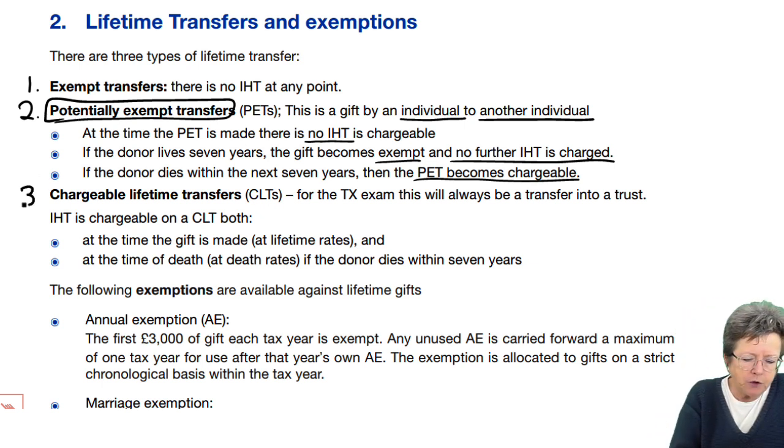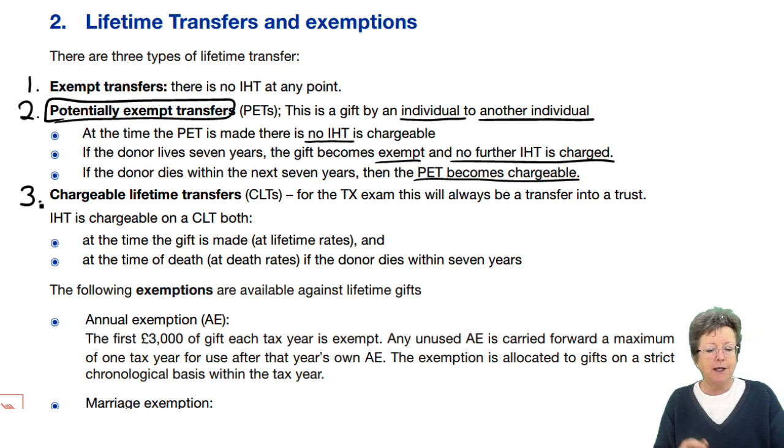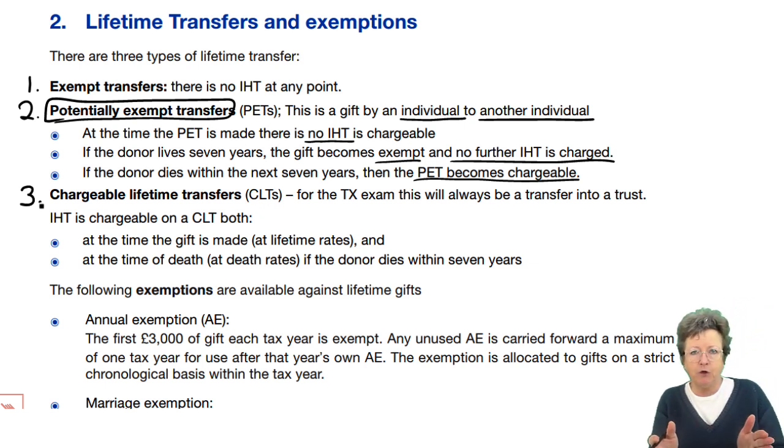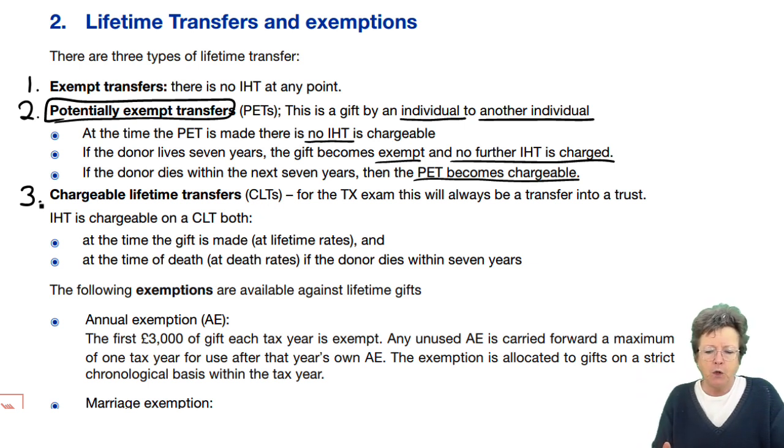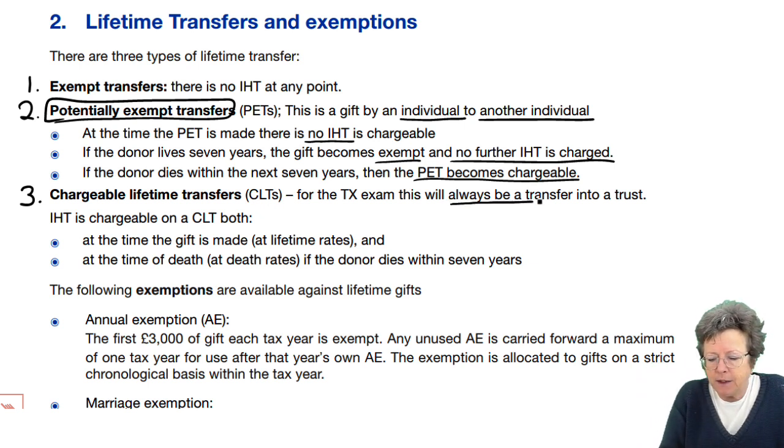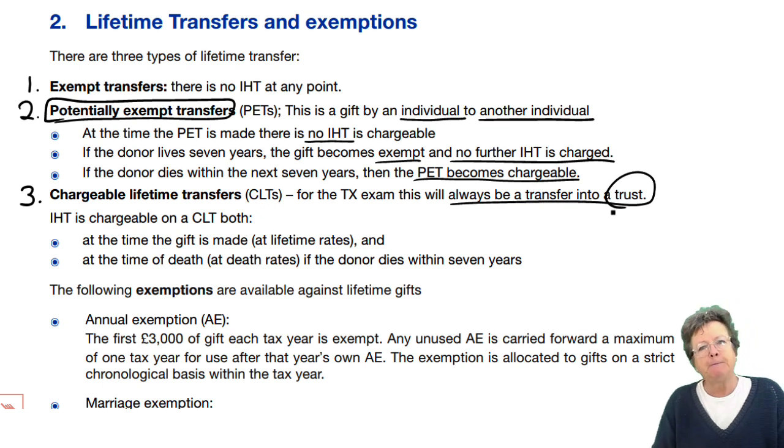The third one, chargeable lifetime transfers. Again, write it out in full before you do brackets CLT. It will always be a transfer into a trust. Always. Now, there are taxes due at the time the gift is made at the lifetime rates.